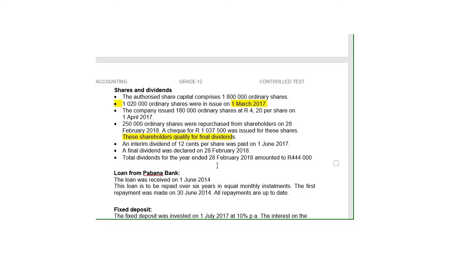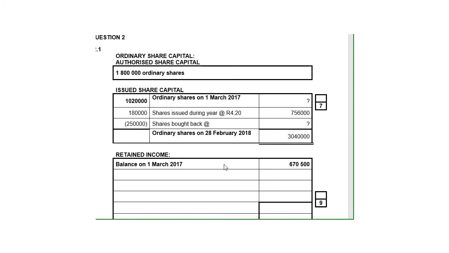Good, but let's see if they give me anything else. And then they talk about dividends, which I will use later on. So that is the only information I've got on share capital. This one I can calculate because I've got all the figures up there. So it's 1,020,000 plus 180,000 minus 250,000 gives me 950,000.